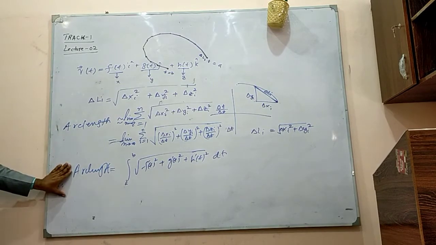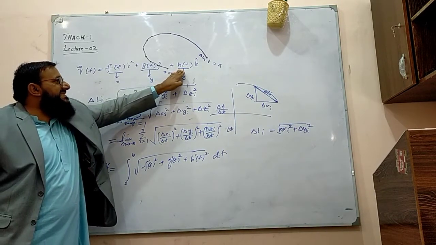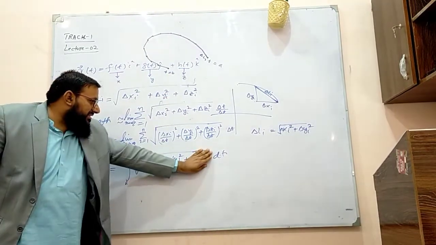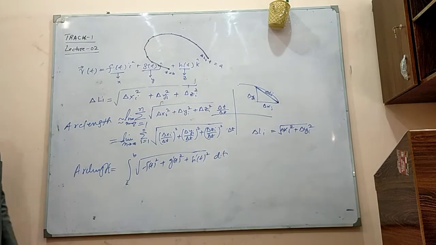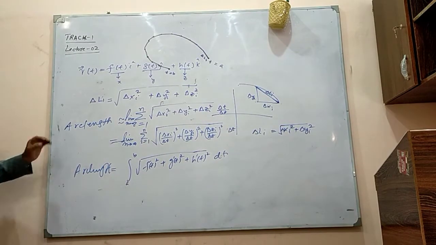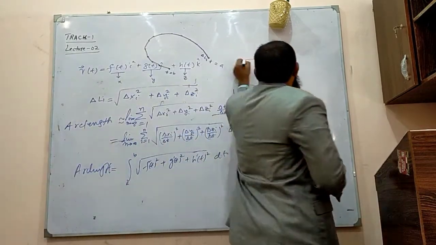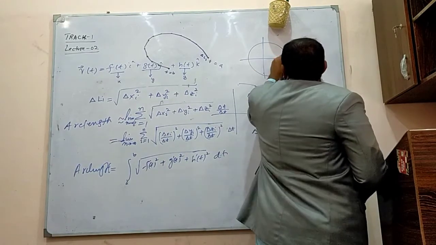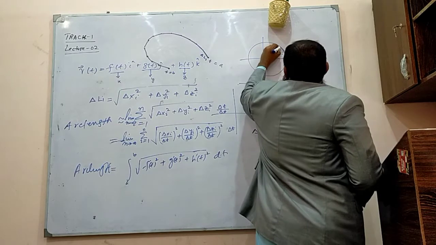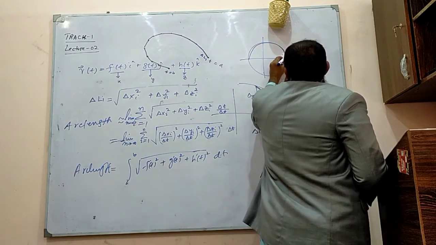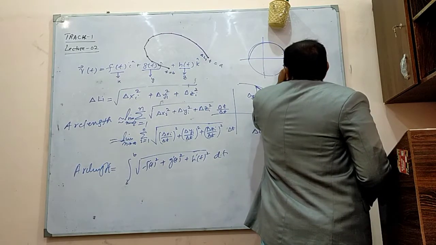So this is the formula. When h of t is 0, this particular thing is removed and we have this equation to find the arc-length. If you take this circle and want its arc-length from this point to this point, what is the parameterization?